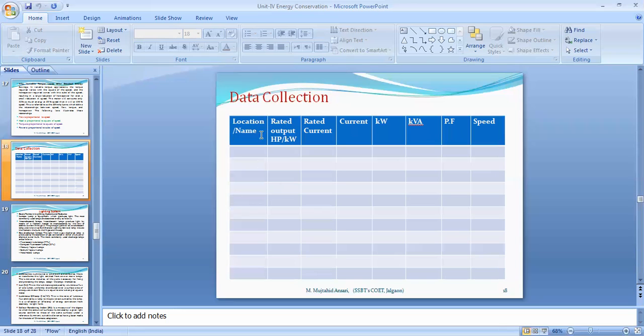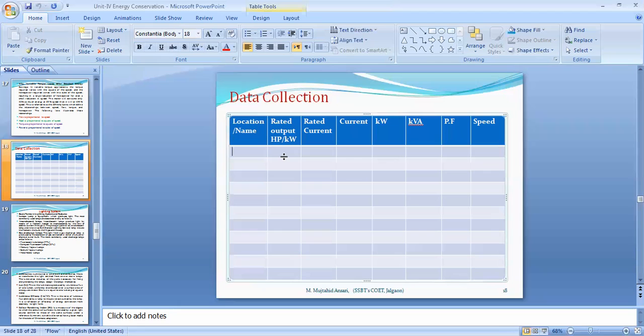For example, I will put here a cooling tower. Now here the rating of the motor is 20 HP. The rated current is 30 ampere, whereas the motor is drawing only 15 ampere. It means that the percentage loading is small. Once the percentage loading is small, what would be the kilowatt, the kVA, and the power factor? Now we will put one more column, the action plan.